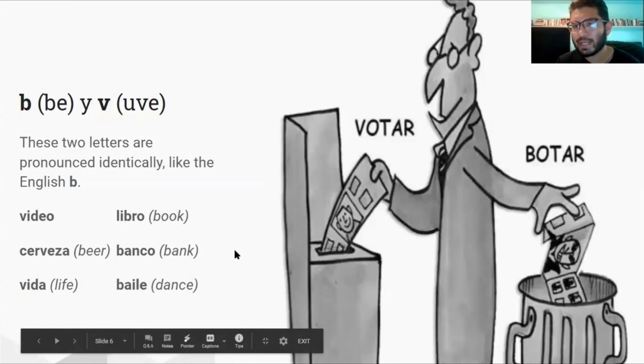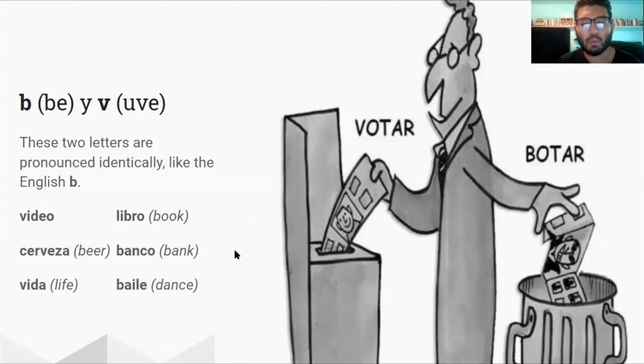What can happen, and what in fact does happen a lot of times, is that we have English speakers who will pronounce words like video, cerveza, vida, sort of producing that English V sound. If you were to do that, it will not cause any trouble, because again, that's a sound that doesn't exist in Spanish, so it cannot be confused with another word or with another sound, because you are using a sound that is not part of the Spanish language or of the Spanish alphabet, so it cannot really be confused with another word, no?